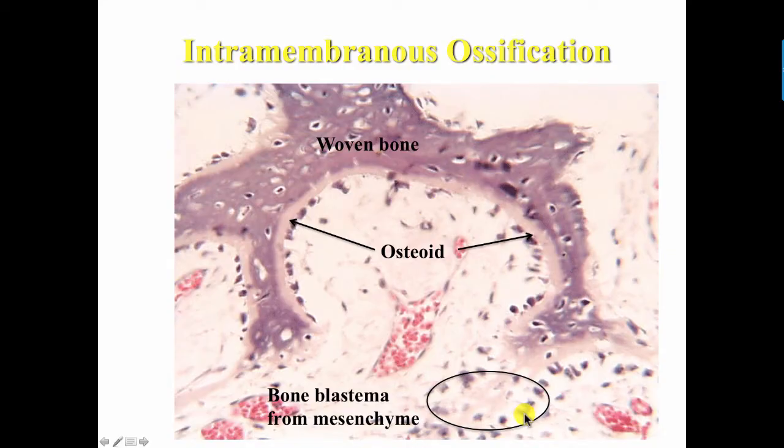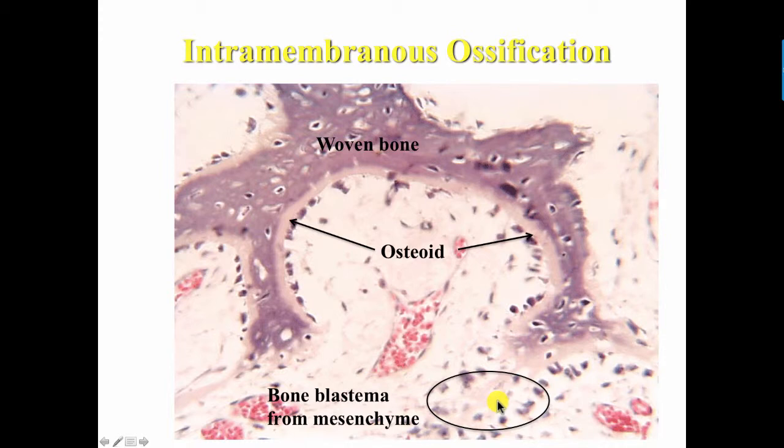Intramembranous ossification occurs within an area of very well vascularized mesenchymal tissue, and no cartilage is required. What happens is these mesenchymal cells differentiate into osteoprogenitor cells, which then differentiate into osteoblasts, and these osteoblasts start to lay down a little bit of osteoid.